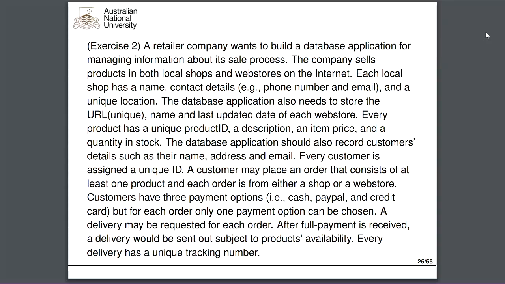Anybody want to share? What's the first entity you identified in this case? Shops, products, anything else? Customer, yes.